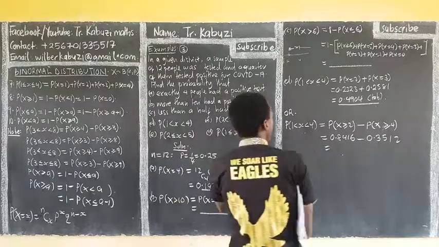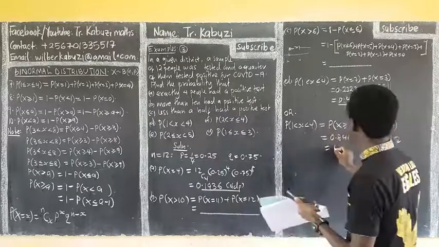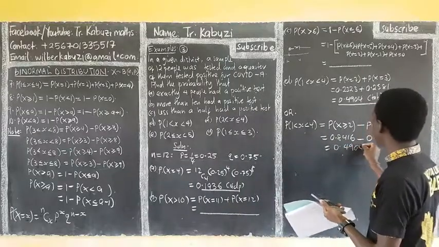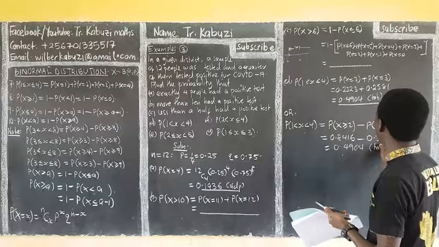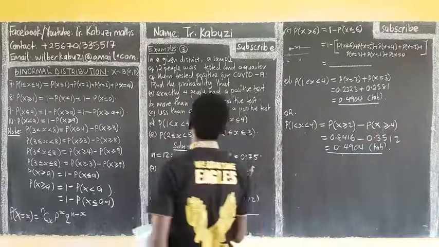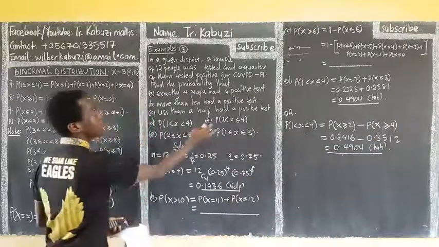So here the value I'm getting is 0.4904, and here I indicate that I'm using a table. As simple as that. Now I'm going to handle one later where we have the equal signs, then we will handle this in your free time.